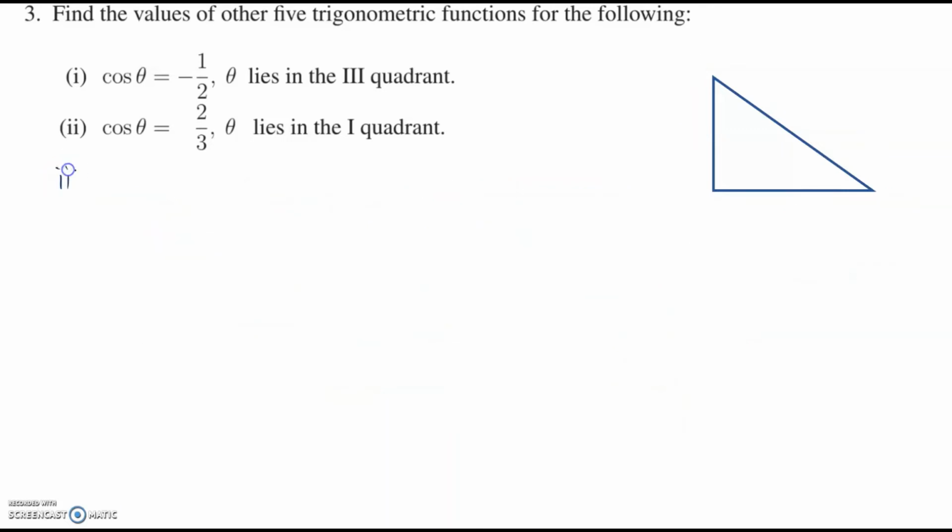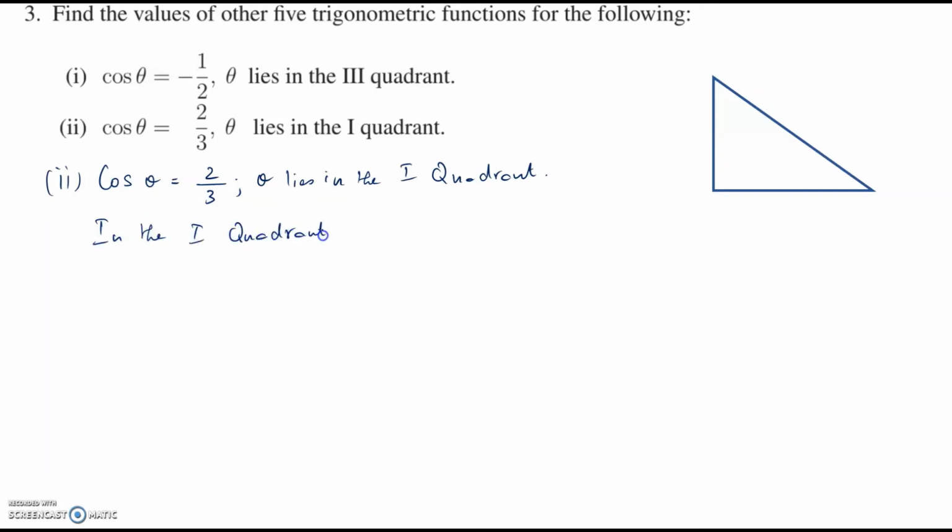Question number 2. Here we are given cos theta is equal to 2 by 3 and theta lies in the first quadrant. So in the first quadrant, all trigonometric values are positive.